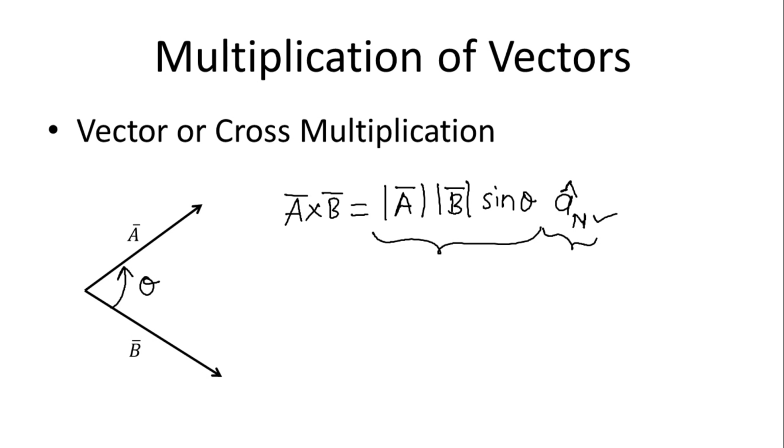Okay, so normal direction I hope you are clear with. Now, which particular direction to take, either outwards or inwards, we will see, and that is given with the help of the right hand screw rule or the right hand thumb rule here.